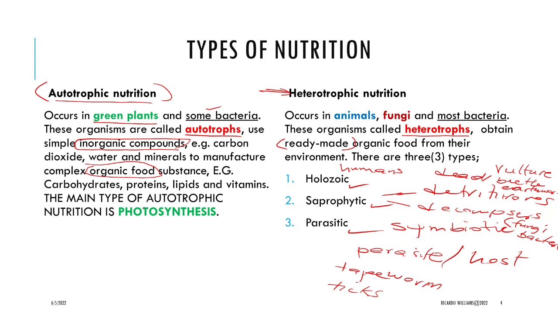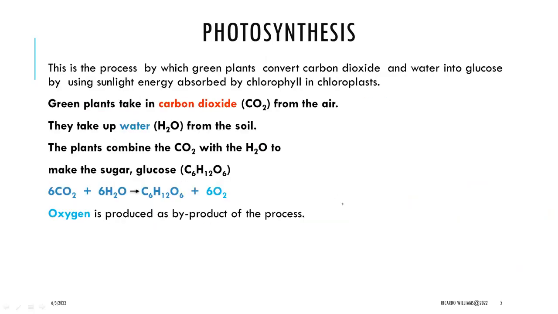So the main process behind autotrophic nutrition is photosynthesis. And this is the process that we're going to delve into right now.